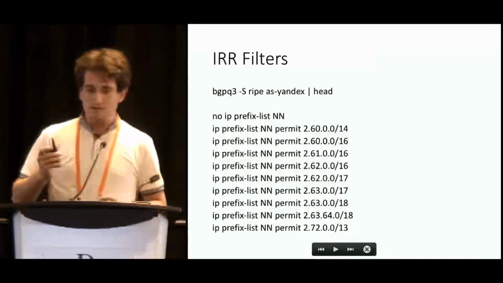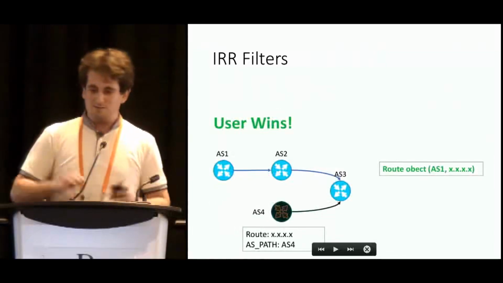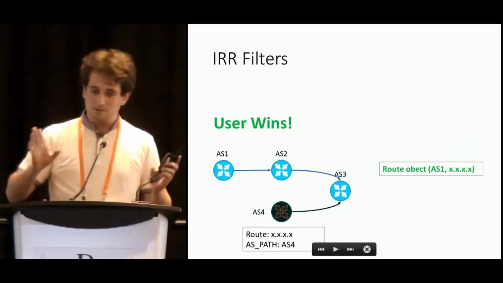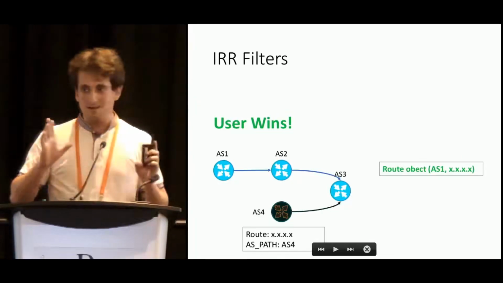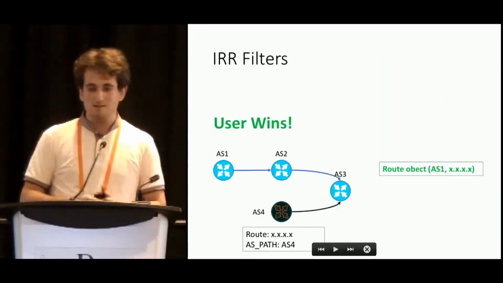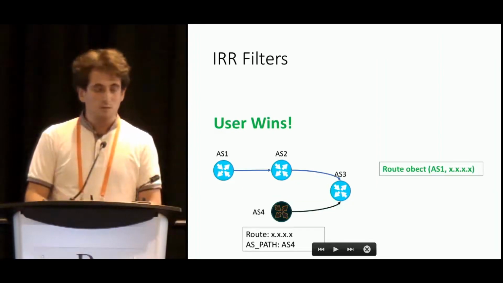Let's see how it works. This very simple topology I will use during all the slides, and I will spend a couple of seconds on a detailed description of what is going on. Here is Autonomous System 1, which takes IP transit from Autonomous System 2. Autonomous System 2 and 4 both take transit from Autonomous System 3.